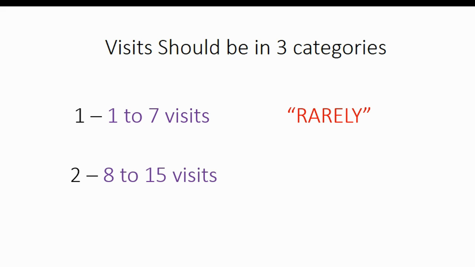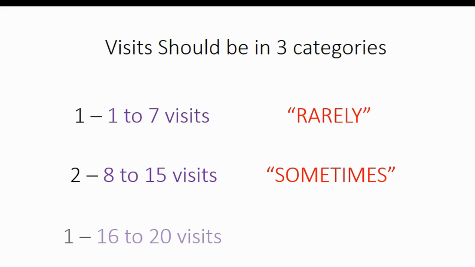We would like the values from 8 to 15 inclusive to be assigned the value of 2 and given the label sometimes, because if they come to the pool between 8 and 15 times a summer, that means they come sometimes.